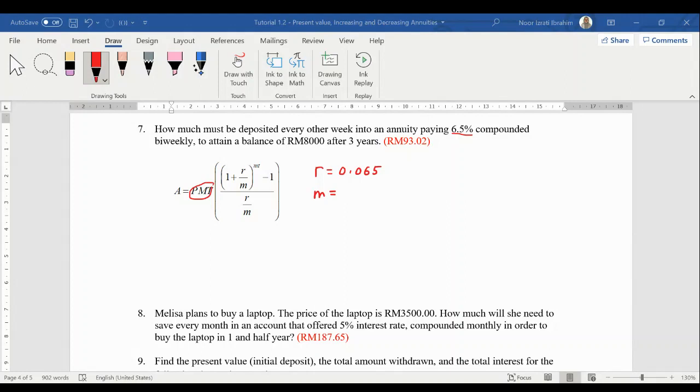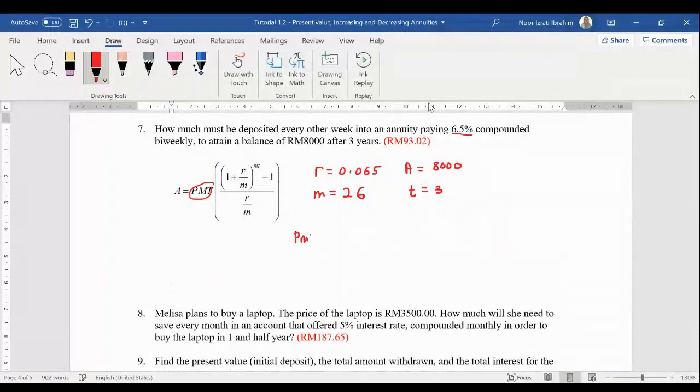Very good, Nishan. In 1 year there are 52 weeks, and if you want every 2 weeks, then 52 divided by 2 is 26. Balance, which is A, 8,000. T, 3 years.